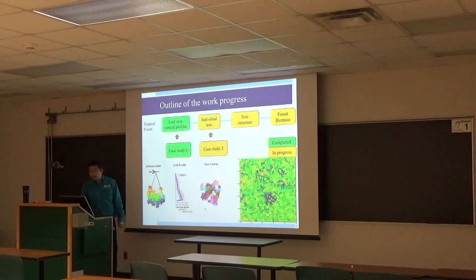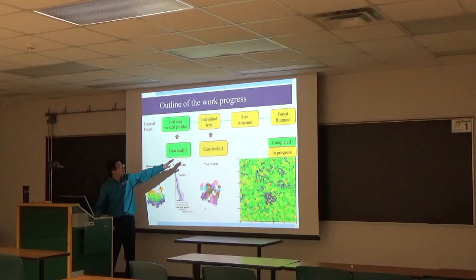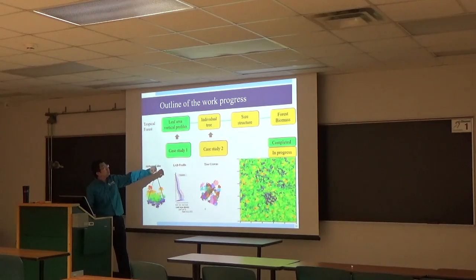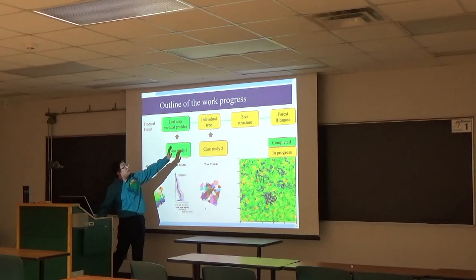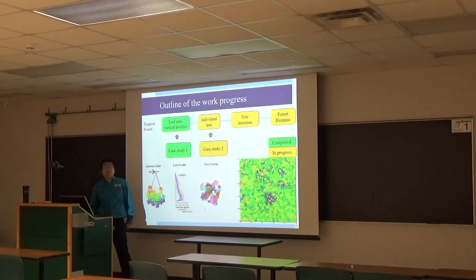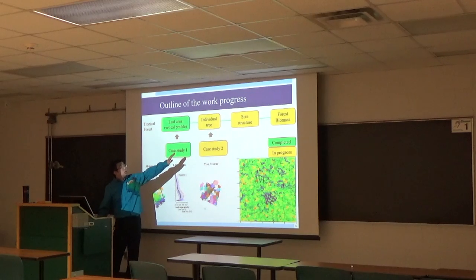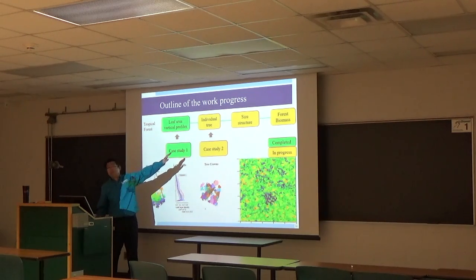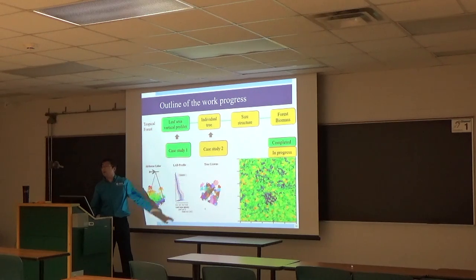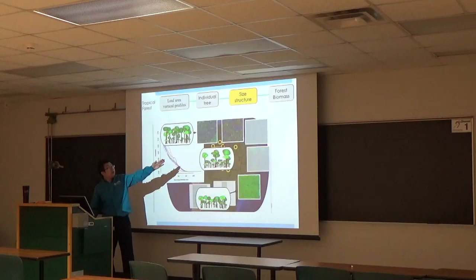Like I said, these are the two case studies I presented in previous slides, and after I finish the individual trees, I will work on the stand structure, which means seeing how the forest differs from location to location, and then the biomass.